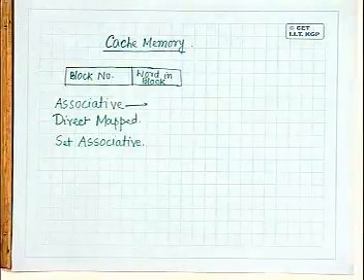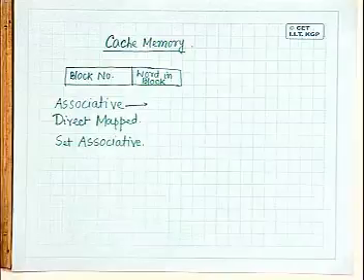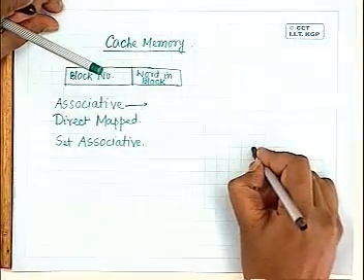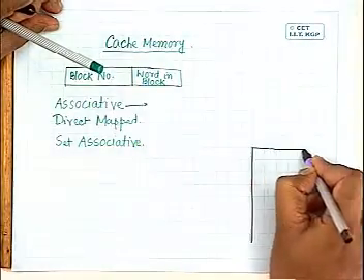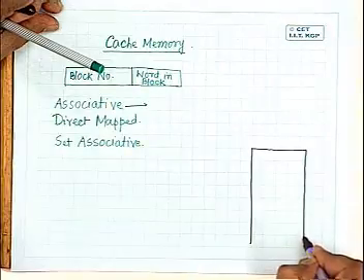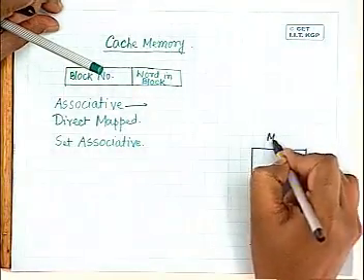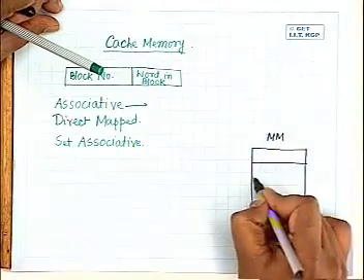In case of cache memory, we'll assume that the main memory is divided into a number of blocks. Every block is of the same size. So this is main memory, which is divided into a number of blocks.